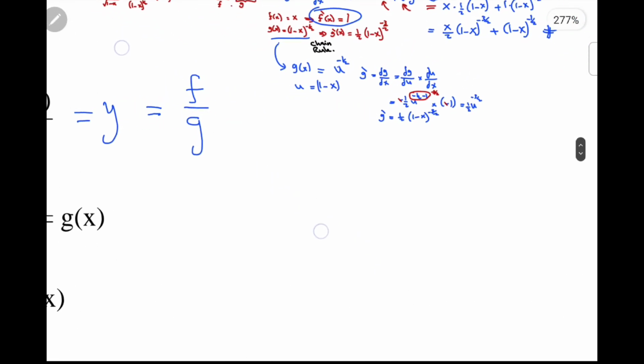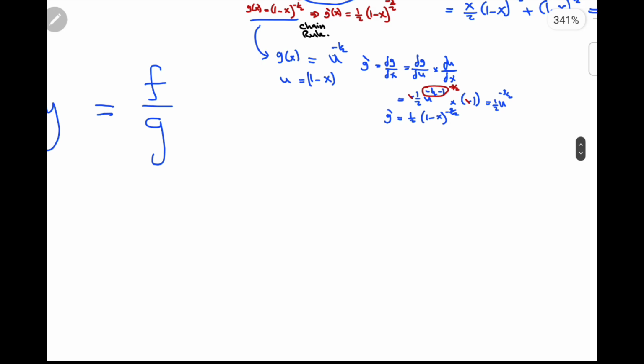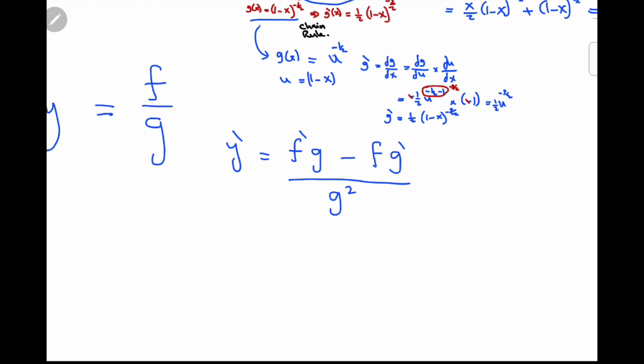So we use the quotient rule to say that the derivative y prime is just (f prime g − f g prime) divided by g squared.